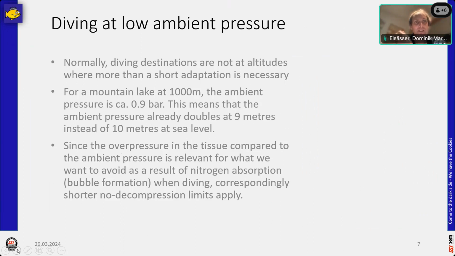And now that immediately means, because the ambient pressure already doubles at 9 meters difference, that there must be a change to the gas saturation and desaturation when diving at altitude. Especially it means that there must be shorter no decompression limits, because this decrease happens more rapidly and drives your tissues that would be saturated to relatively more critical supersaturations. And that's one thing we will now want to look into in a bit more depth.